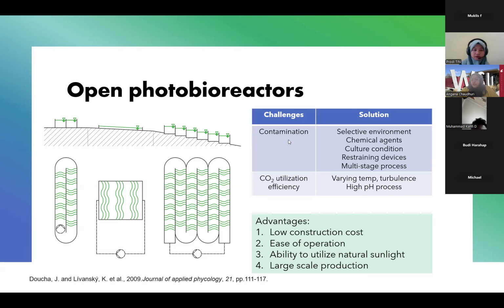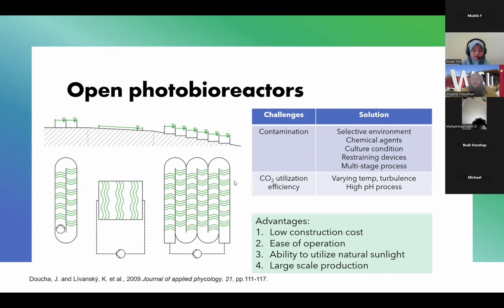For the contamination, the solution is that we can select a particular environment, use chemical agents, keep culture conditions separate, and use restraining devices and multi-stage processes. For carbon dioxide utilization, we can vary the temperature, manually turbulate it, or even have a high pH for the system.